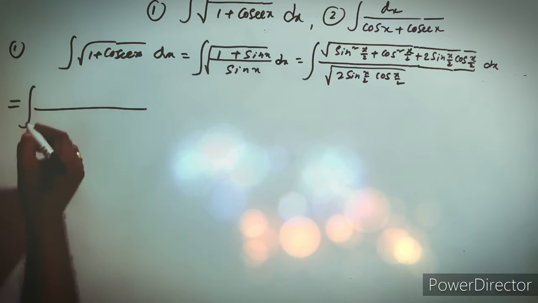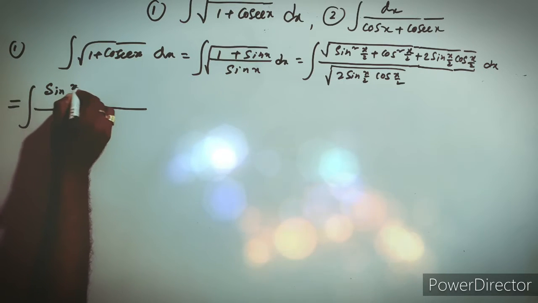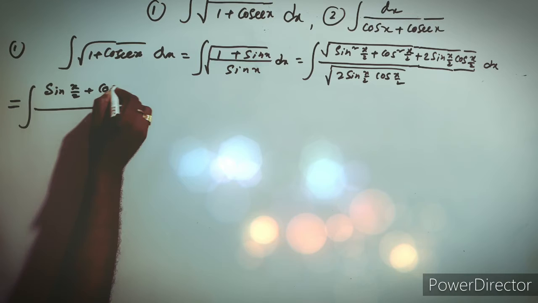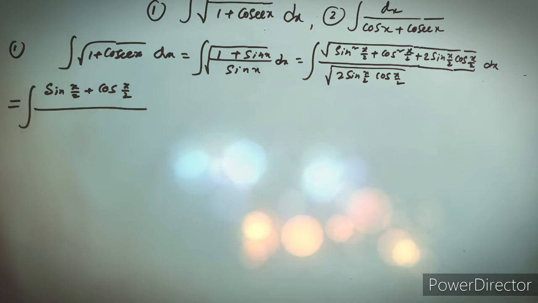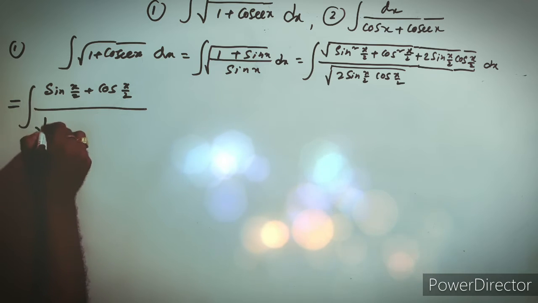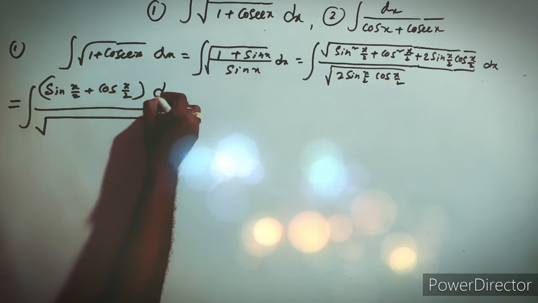On the numerator part it will be a perfect square, so you can write sin x by 2 plus cos x by 2 whole square under root, so it is free from root.